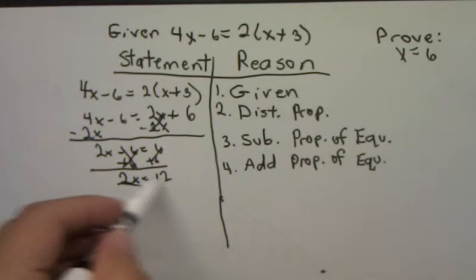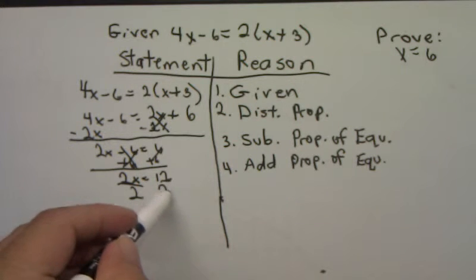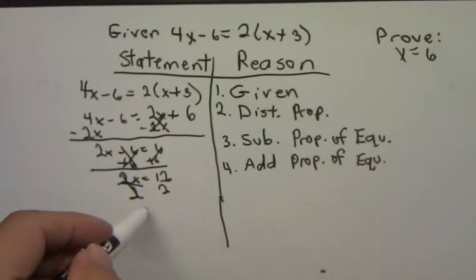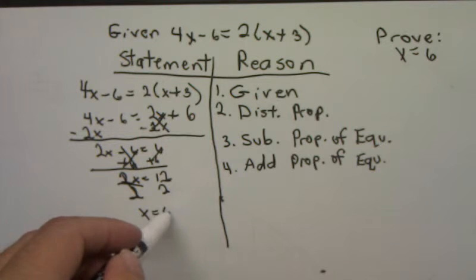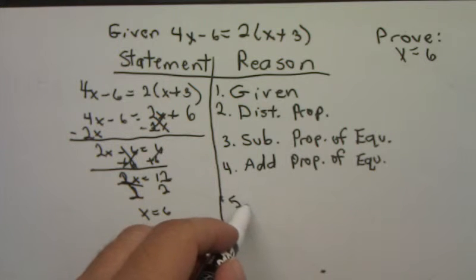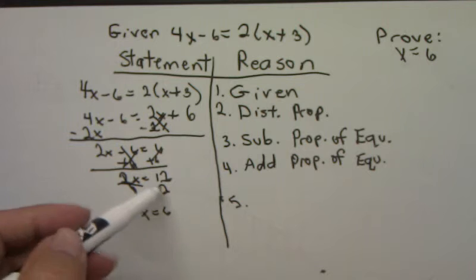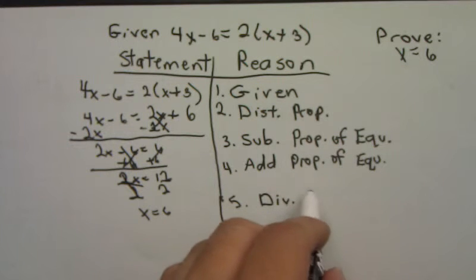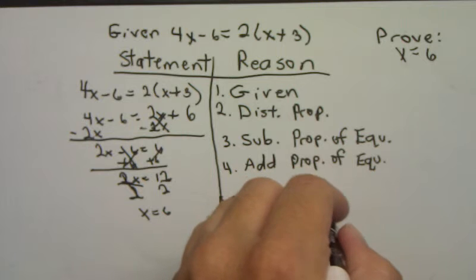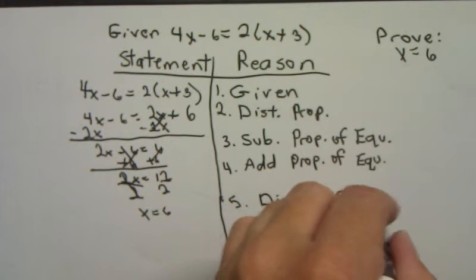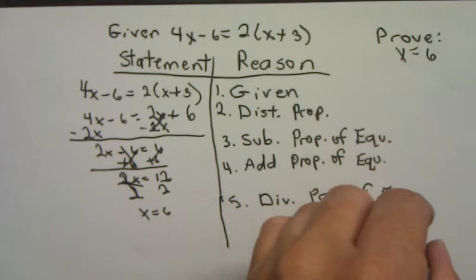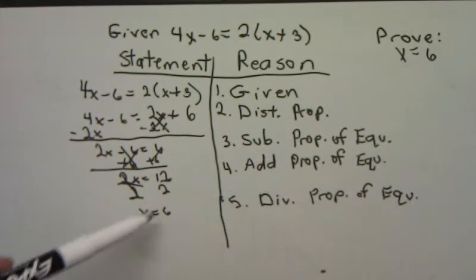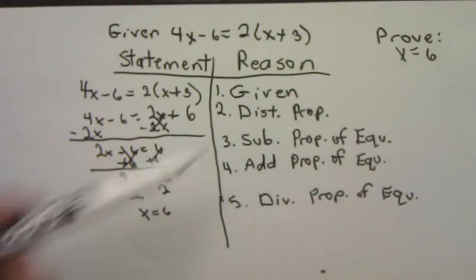Well, now I know I have to divide both sides by 2. So x equals 6. Why? Well, I divided by 2, so this is the division property of equality. Okay, now I proved it. See, I ended up with x equals 6.